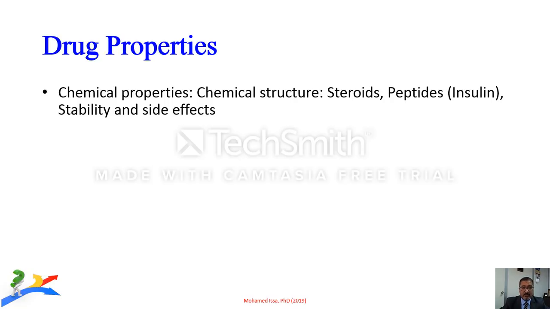The chemical structure is very important for drug stability inside the GIT, in the stomach or the intestine. So for insulin we cannot think of oral routes of administration, but we can think of injections, for example. This is why diabetic patients administer insulin to themselves in the form of subcutaneous injections.